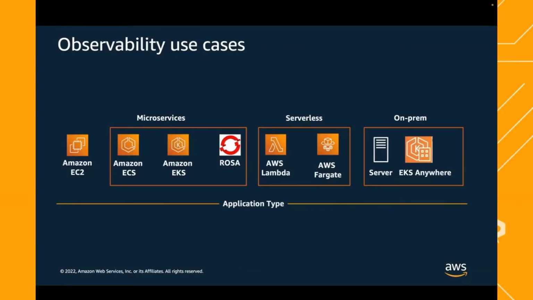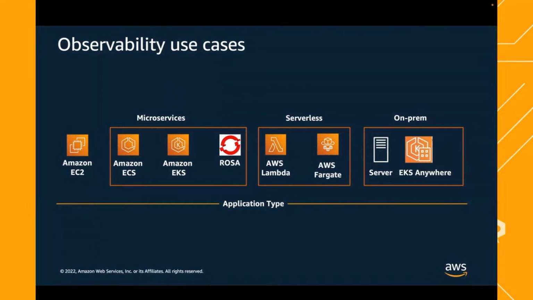Thank you, Tushal. So customers use all types of compute environments to host their applications, depending on their needs, whether it is Amazon EC2 or they use container orchestration services such as Amazon ECS, EKS, or ROSA. There could also be serverless applications hosted on AWS Lambda, or container serverless environments such as AWS Fargate, or even applications hosted on on-prem environments, including solutions such as EKS Anywhere.